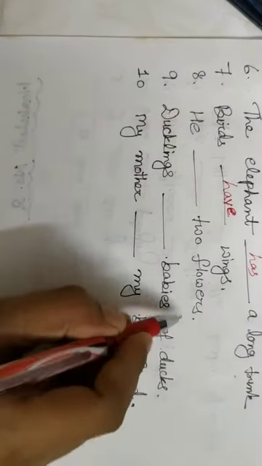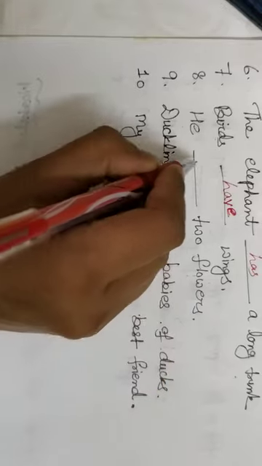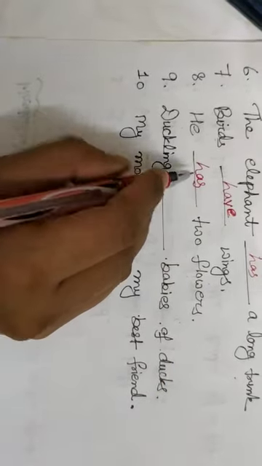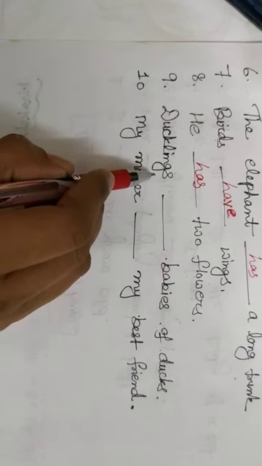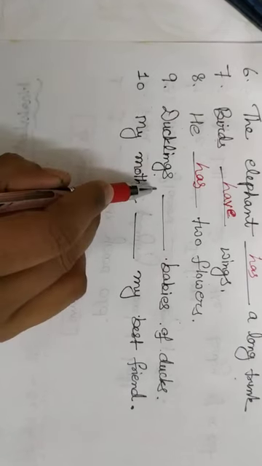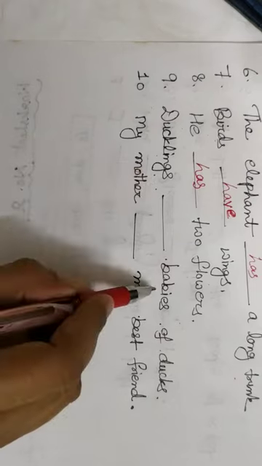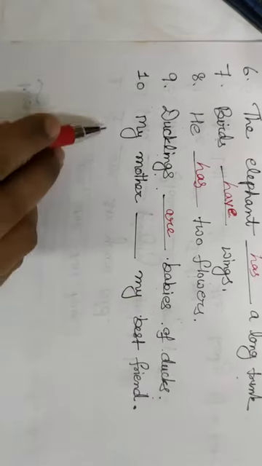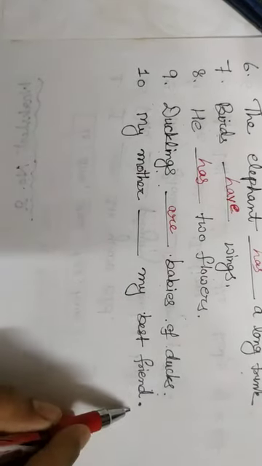He two flowers. Yeah, two pencils. He has. With he we use has, not have. Ducklings. Again plural. Ducklings, babies of duck. Ducklings are babies of ducks. My best friend.